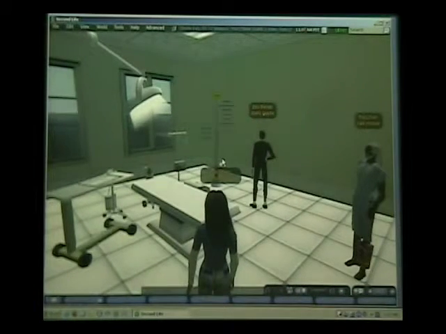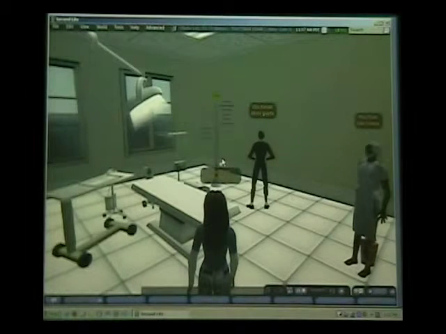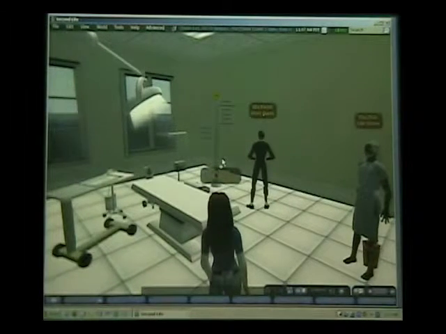Okay, that's fine. Well, for the virtual heart, we actually used 3D Max. We could actually have built the virtual heart within Second Life, but it would have taken a lot more prims than what we are already using.